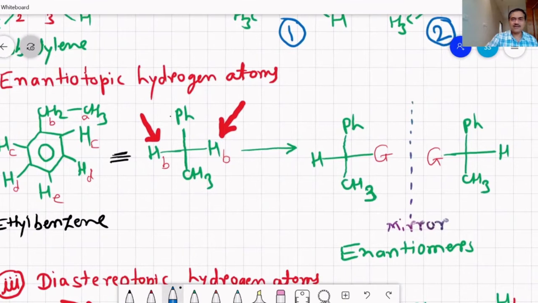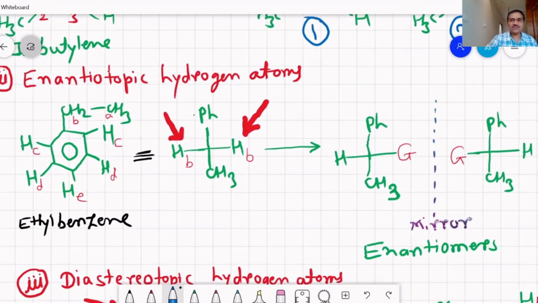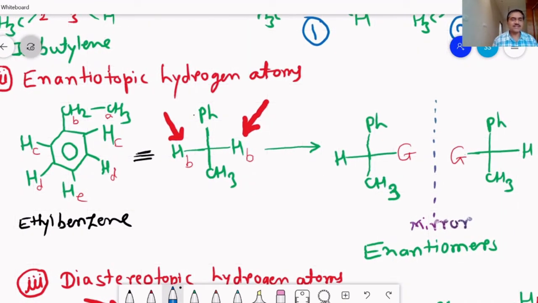Then the second one is enantiotopic hydrogen atoms. We consider the example ethyl benzene, where different protons are present, and we consider the enantiotopic hydrogen atoms HB.